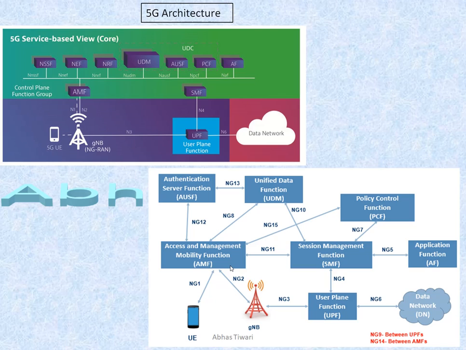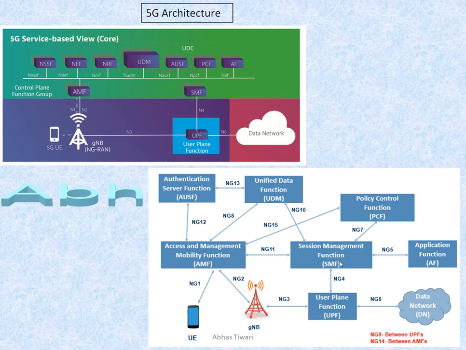The second one is user plane function, that is UPF, connected to G node B. The functions of UPF are QoS handling for user plane, quality of service handling for user plane. Packet routing and forwarding is also done here. Packet inspection and policy rule is also checked here.